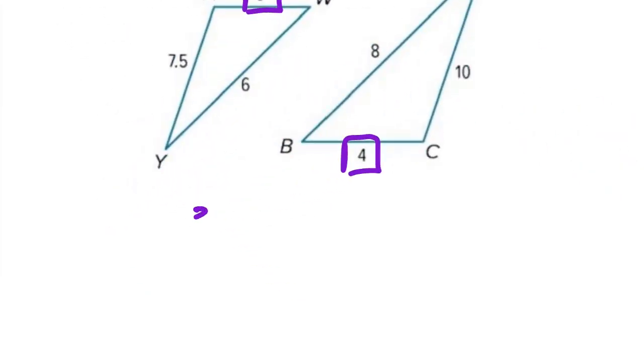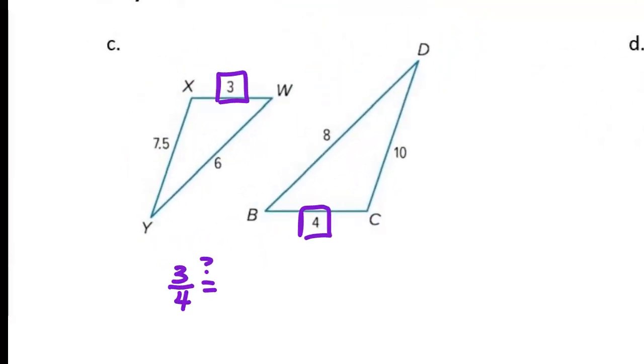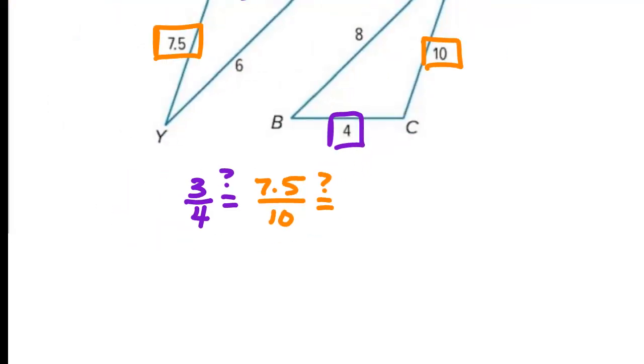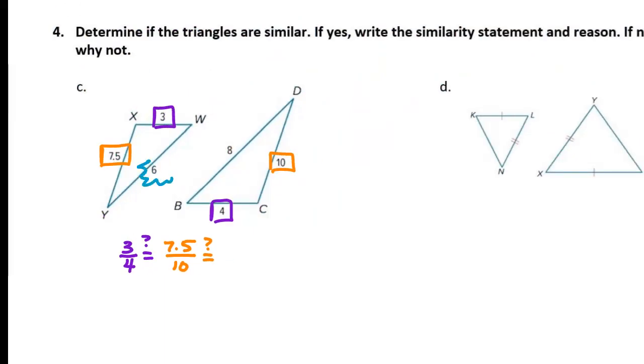To keep it simple, I'm going to just do left-hand triangle over right-hand triangle. Then I match up my largest sides, 7.5 and 10. And then I match up my leftovers, my medium-sized sides, so 6 and 8.